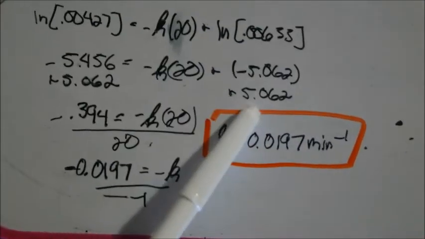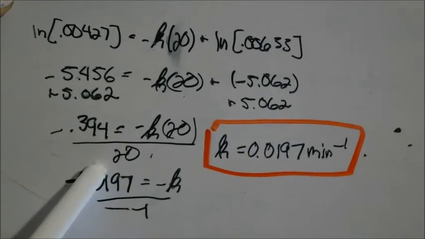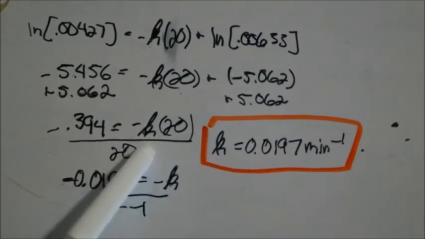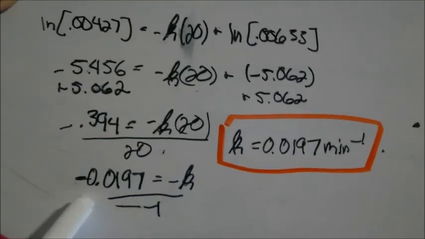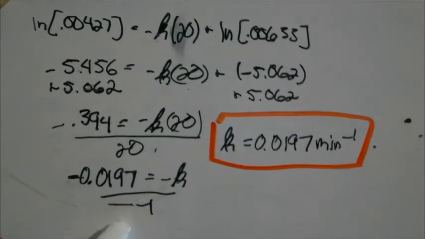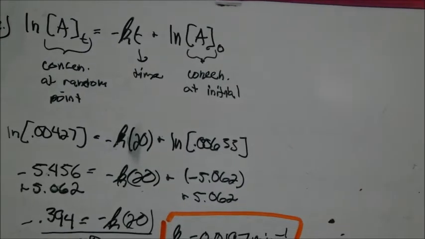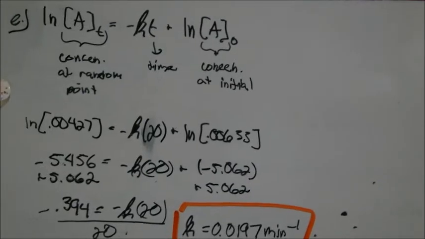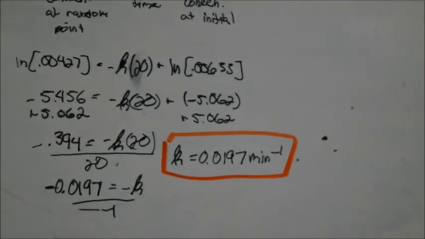And you take this number, add it to the other side, then you would get negative 0.394 and divide that by 20 with the K to get K by itself, and then divide out the negative that the K has, and your final answer for the specific rate constant K for the reaction is 0.0197 minutes to the negative first.